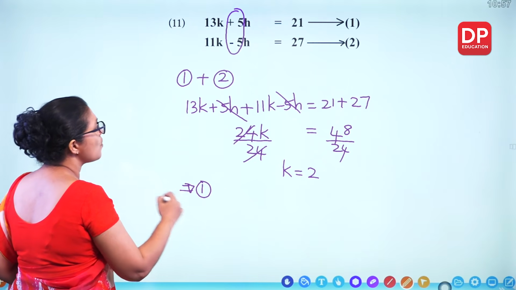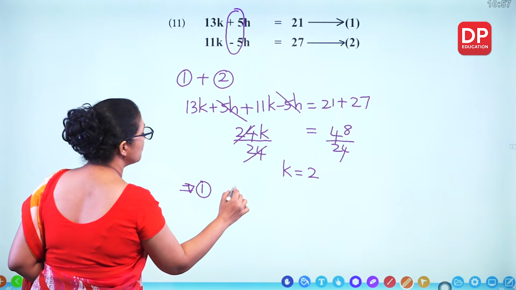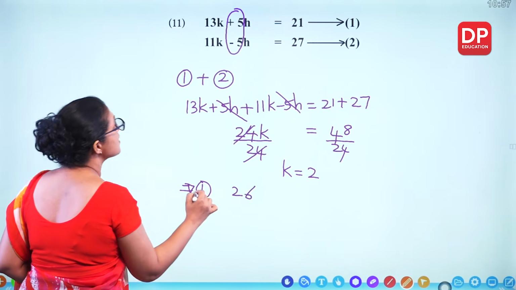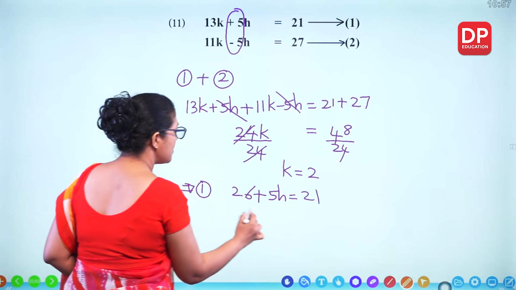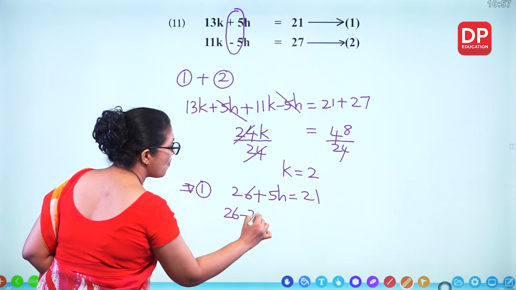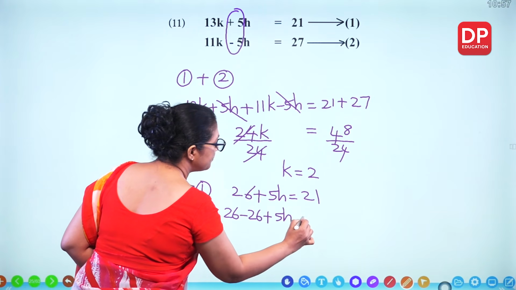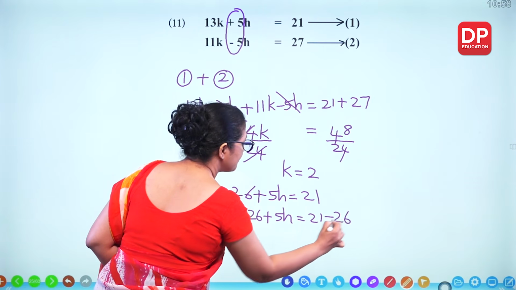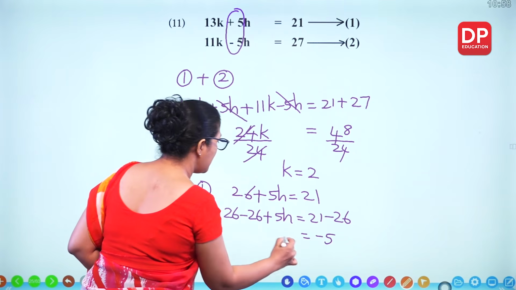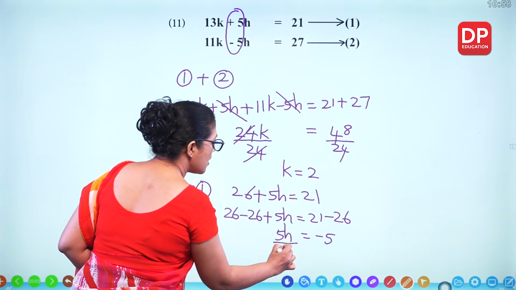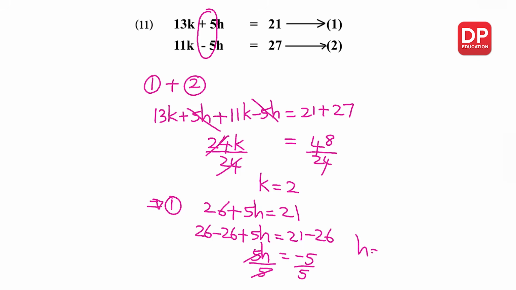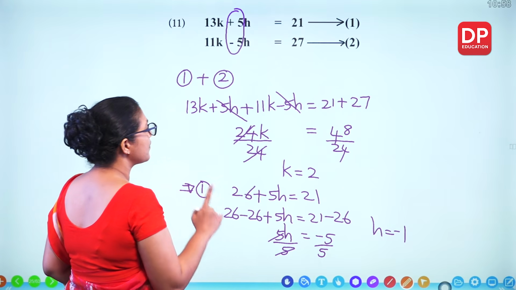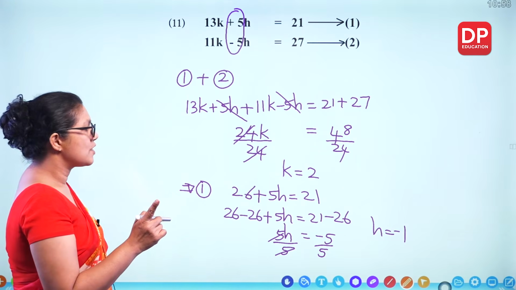Now take any equation. I'll take the first one. 13 times 2, 26, plus 5h equals 21. Subtract 26 from both sides. You get minus 5, here is 5h. Divide by 5. You get h equals minus 1. k equals 2, h equals minus 1.